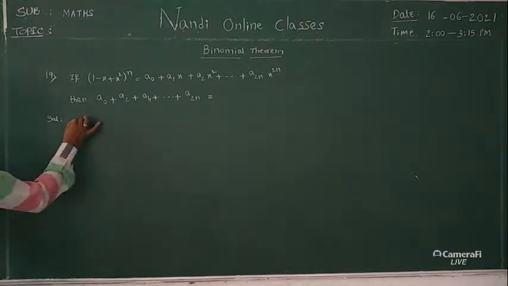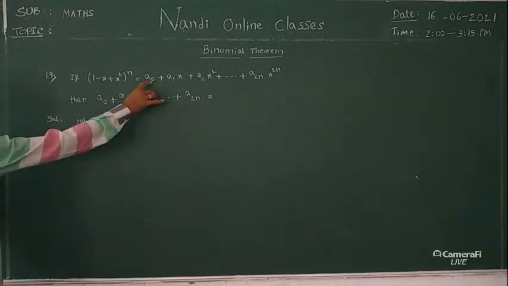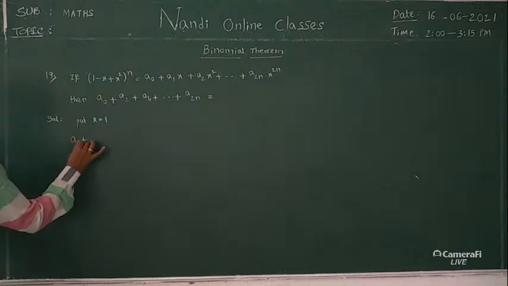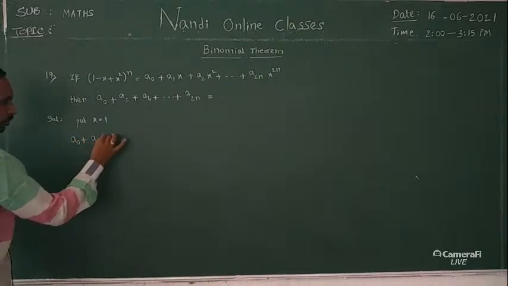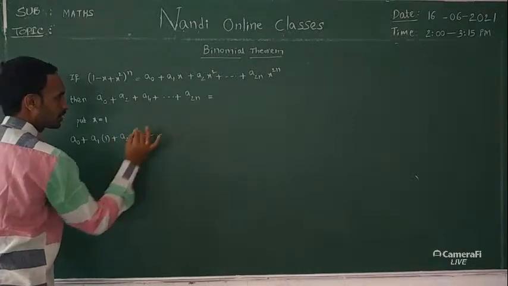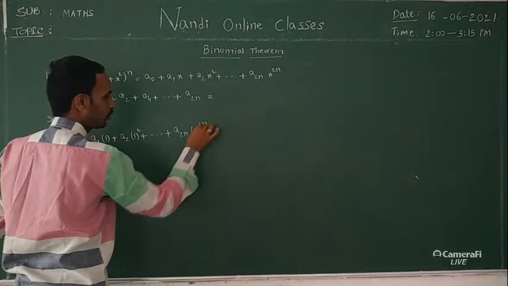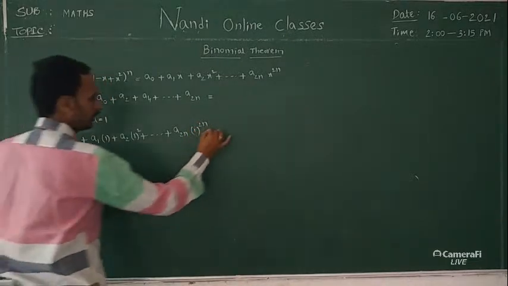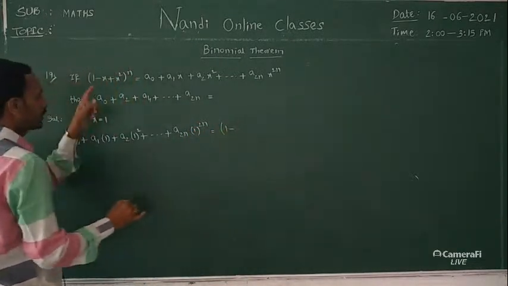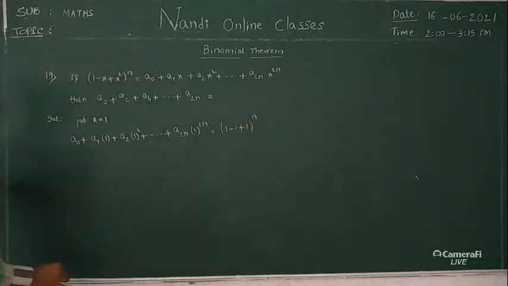Okay. So, put x is equal to 1. So, a naught plus a1 into 1 plus a2 into 1 square plus and so on plus a2n into 1 power 2n is equal to (1 minus x, which is 1, plus 1 square is 1) whole power n.